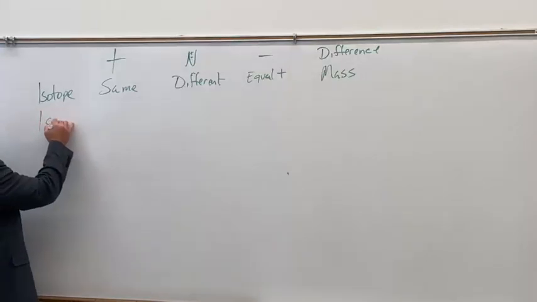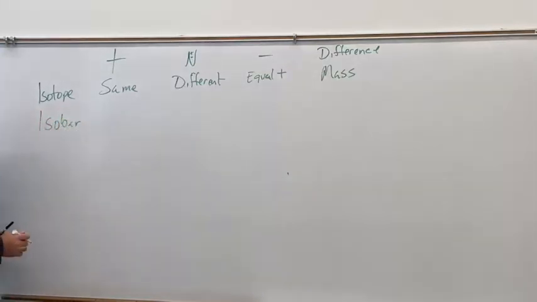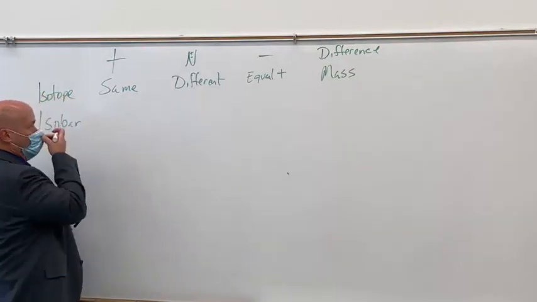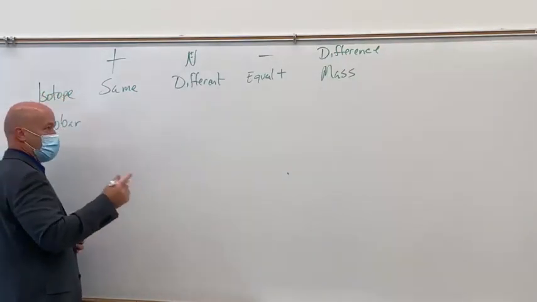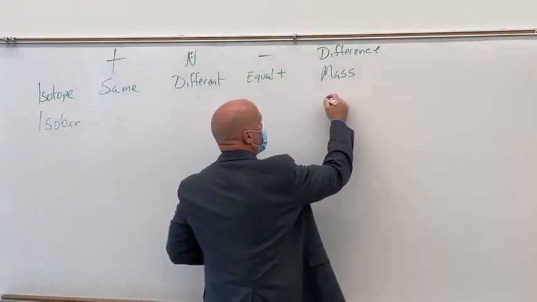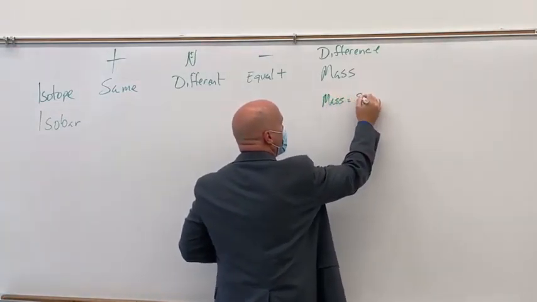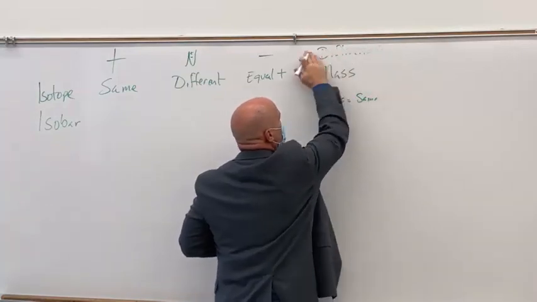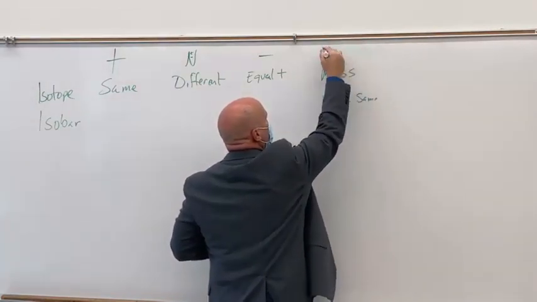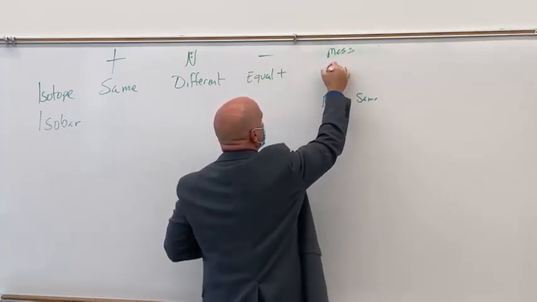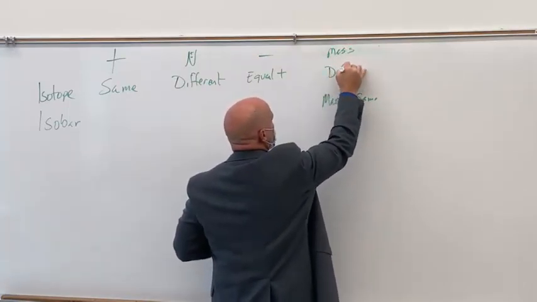So the next one I think was isobar, right? Yes. So what does isobar say? They're the same atomic mass. Difference, the mass is same. So maybe I should have just gone with this. No, this was different.